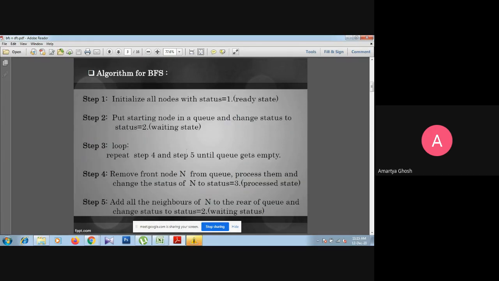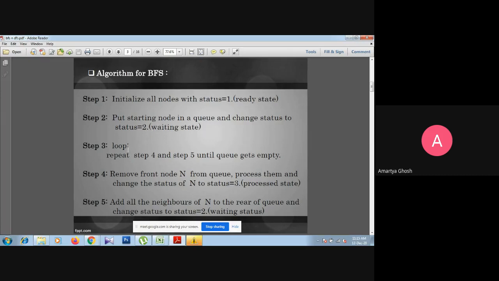So this is the rule: initially all nodes have status 1, that is the ready state. Put the starting node into a queue and change its status to 2, that is the waiting state.